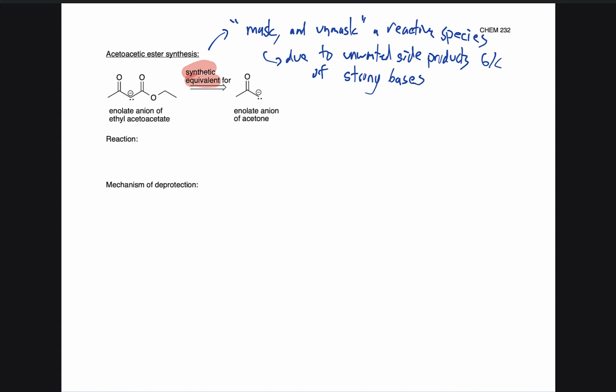So the synthetic equivalent of using this normal acetone is to use this ethyl acetoacetate, which is effectively this group, because with this we can use weaker bases, like what we talked about in the last video.